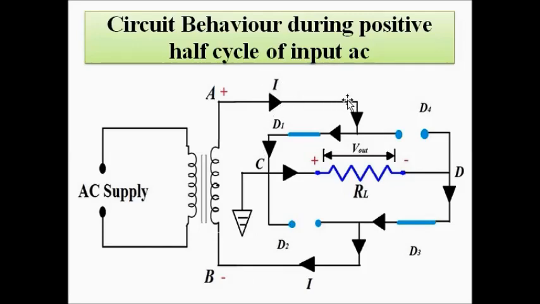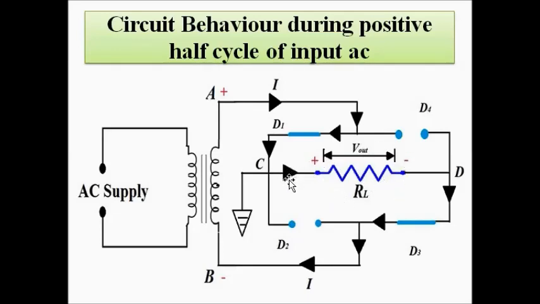The direction of flow of current is marked by the black arrowheads. It flows from A, the positive end, takes this path through the short circuited diode D1, then through point C and travels through the load resistance.